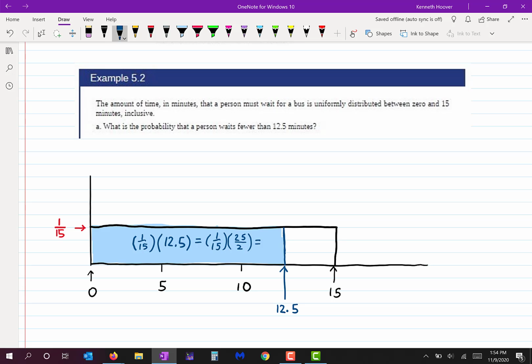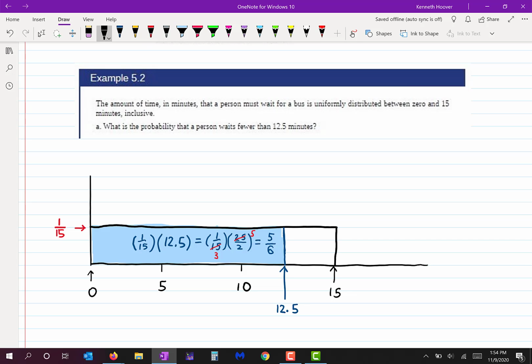Go ahead and work that out. And isn't that going to equal 5/6? You see where I'm getting that 5/6 from? Because you can do some reducing here. 5 goes into 25 5 times, and 5 goes into 15 3 times. So on the top we have 1 times 5, and on the bottom we have 3 times 2.